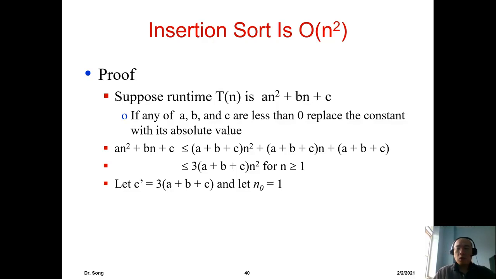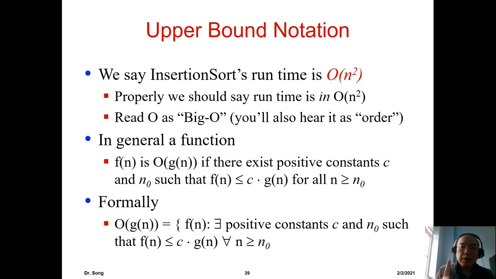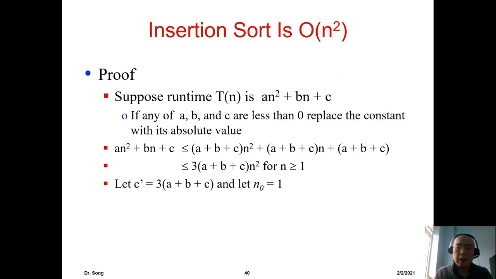Okay, so why is this important? Remember, when we are figuring out the big O, there are two important constants we have to figure out: the constant c and the constant n0. Okay, let's come back. For the c, we can use 3a plus b plus c as the constant c.